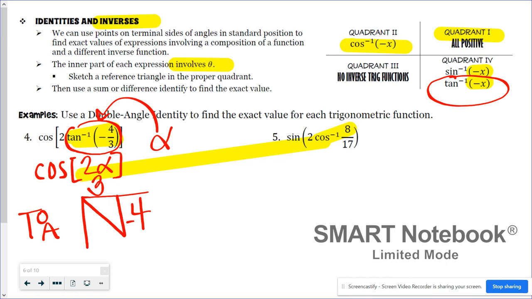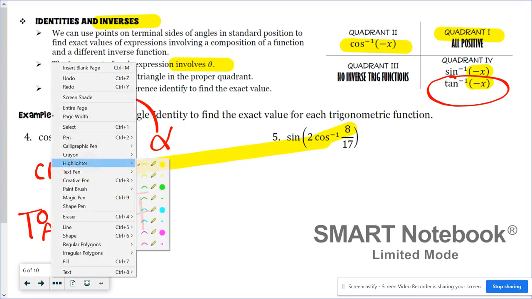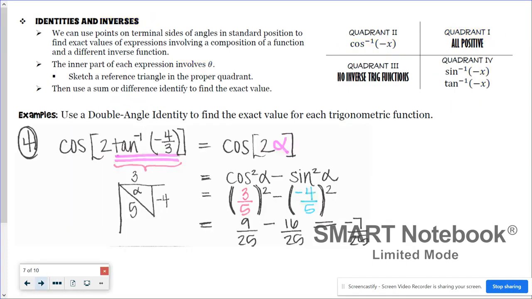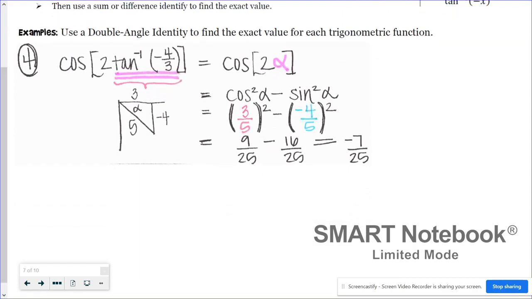And then I just use Pythagorean theorem to find the missing side. So the missing side is 5. Okay, so I've got my reference triangle. So from here, it's just a matter of substituting this information into the expansion for cosine of a double angle. And so that's what I did here.